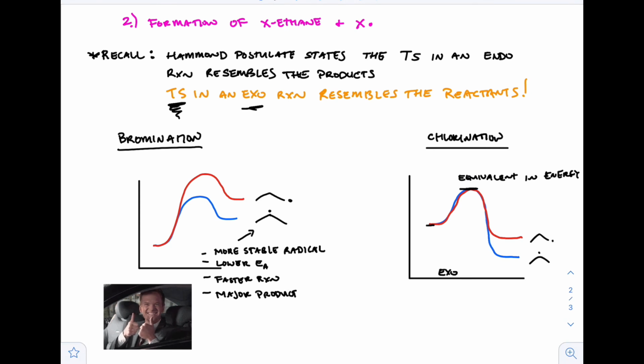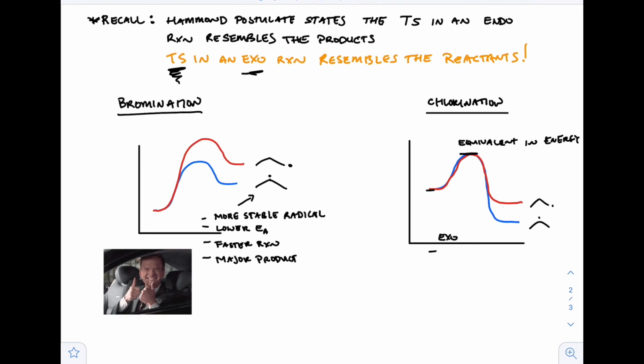The reactants. And so roughly equivalent in energy. Okay, so that means if you have a more stable radical, it does not affect the stability of that transition state. And so that doesn't really do anything for us, right? And so since the transition state resembles the reactants and is equal in energy for either process, that means statistically we can form either product, right? And that's why you can get either radical, which means you're going to get either chlorination product, which means that you're going to get a mixture.